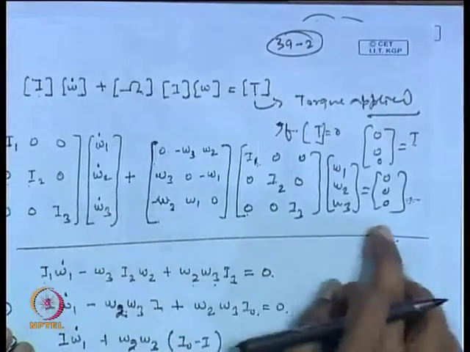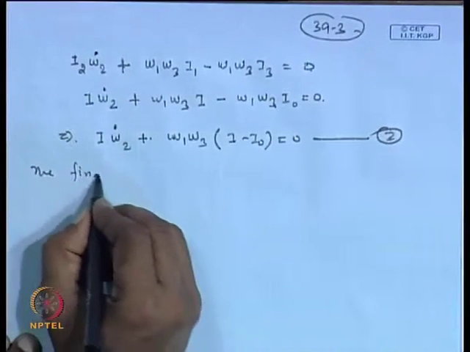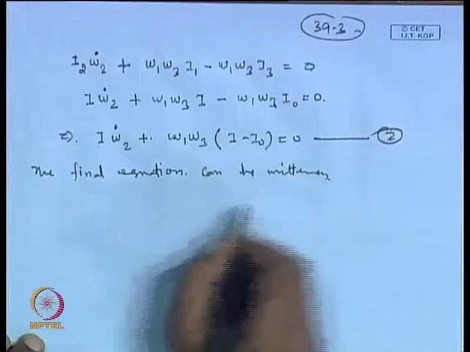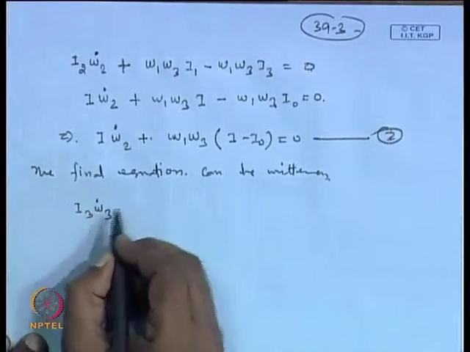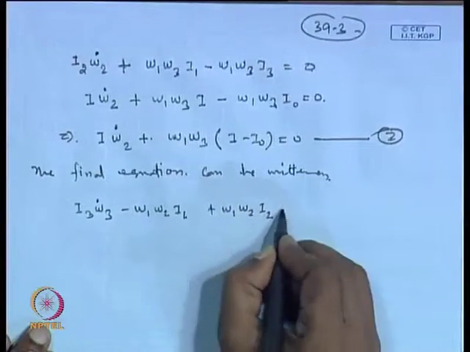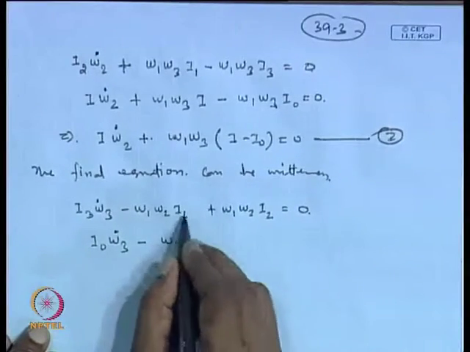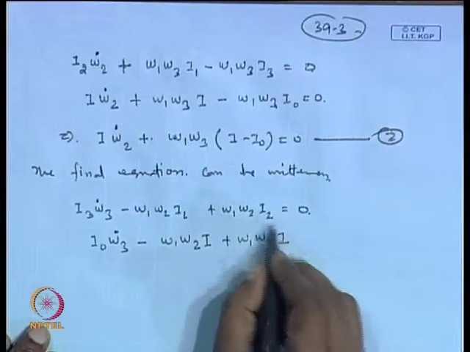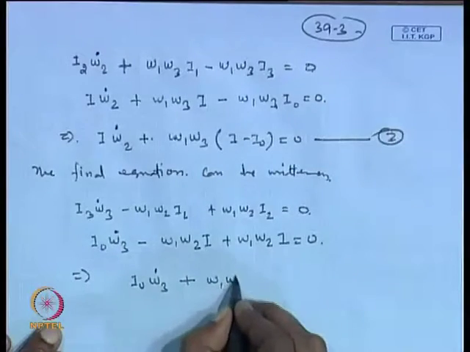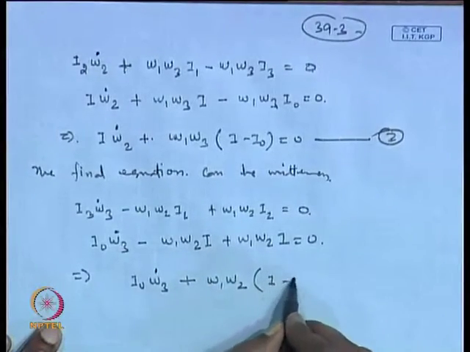Next we take the third equation. Similarly we can expand and write the final equation: I 3 times omega 3 dot minus omega 1 omega 2 I 1 equal to, and I 2 is also equal to I. Okay, so this implies I 0 times omega 3 dot plus, so here you see this is I minus I equal to 0.